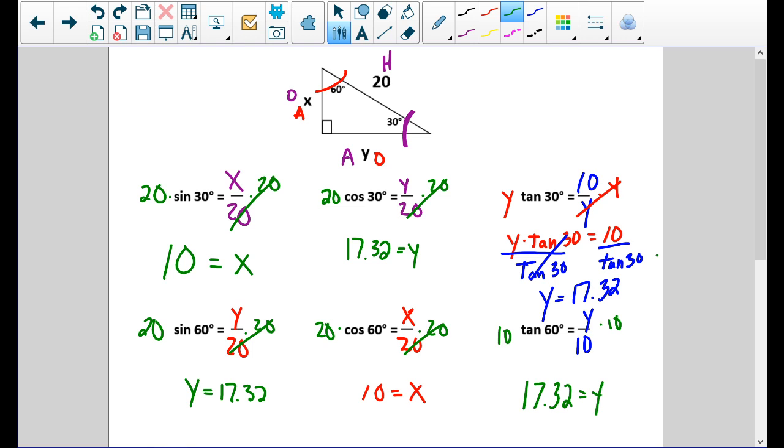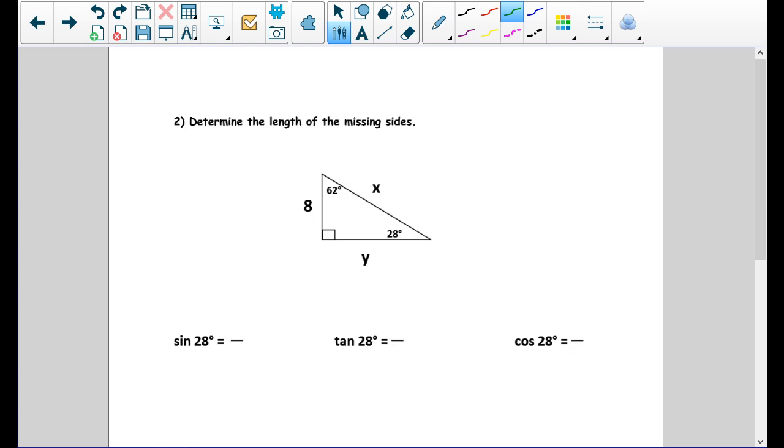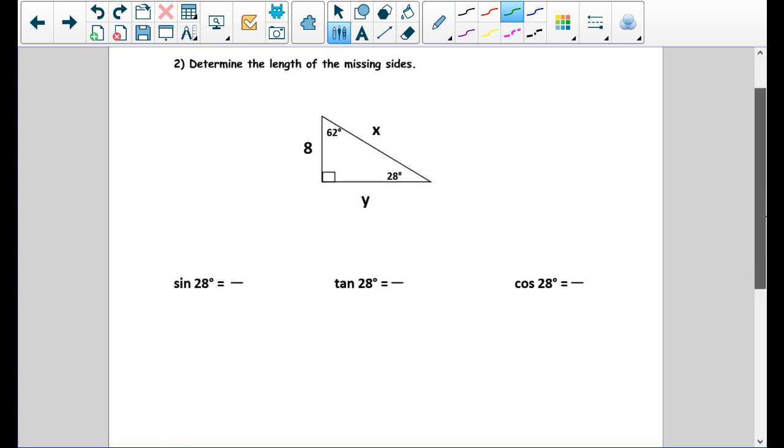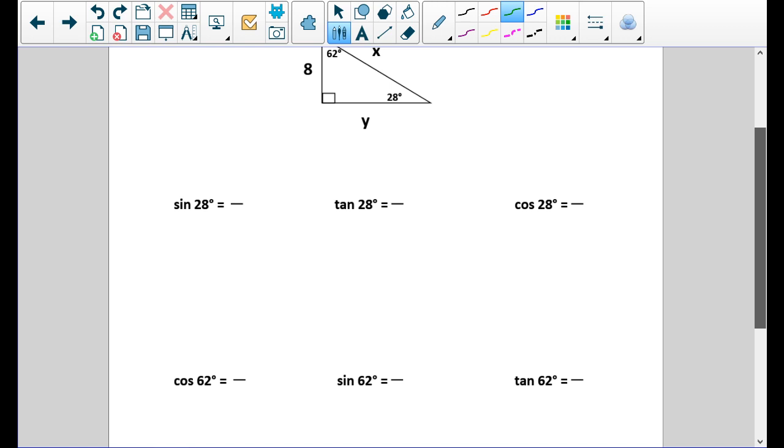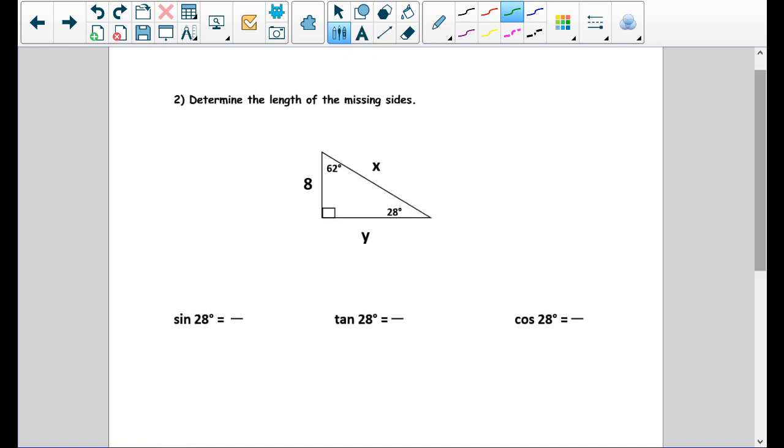Alright, let's take a look at the back. Here's what we're going to do. I don't need you to fill out every single one. We need to find x and we need to find y. To do that, what angle do we want to use? 28 or 62? 28. Using this angle, what do we want to solve for first, x or y?